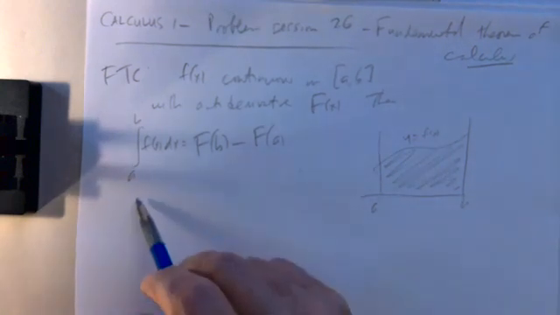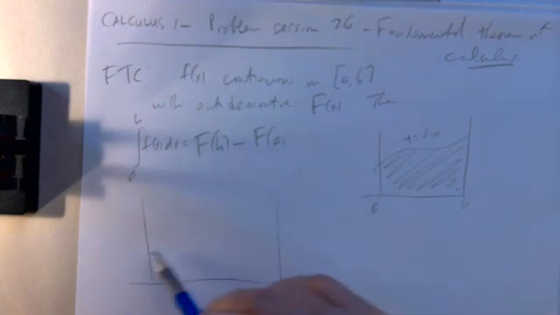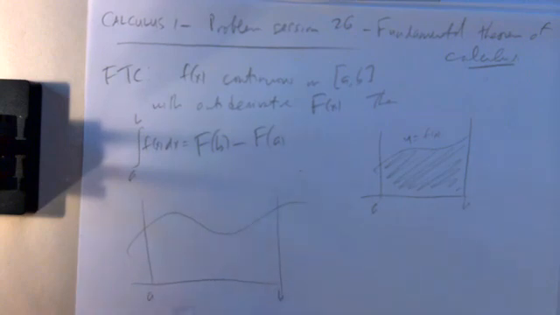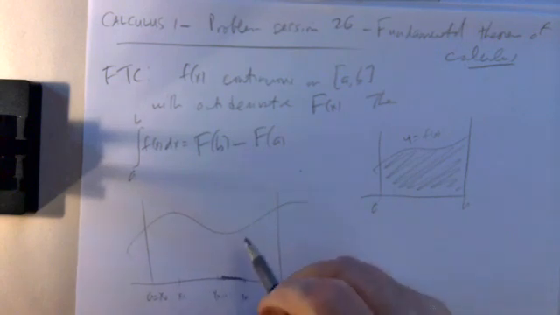And a rough sketch of the proof would go like this. Here's the interval from a to b, x0, x1. Partition this up into n pieces. So here's the nth piece.